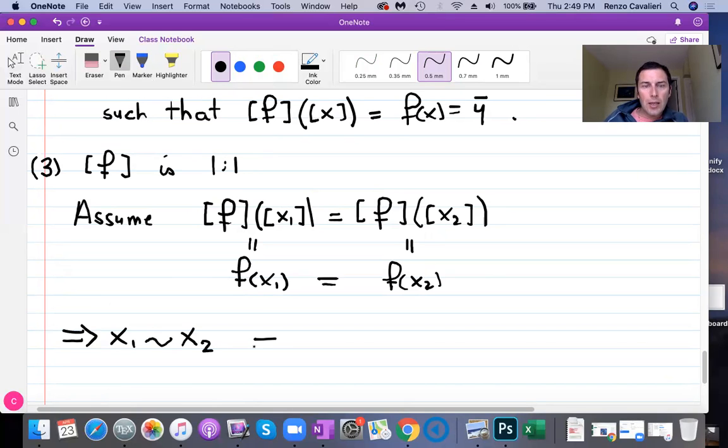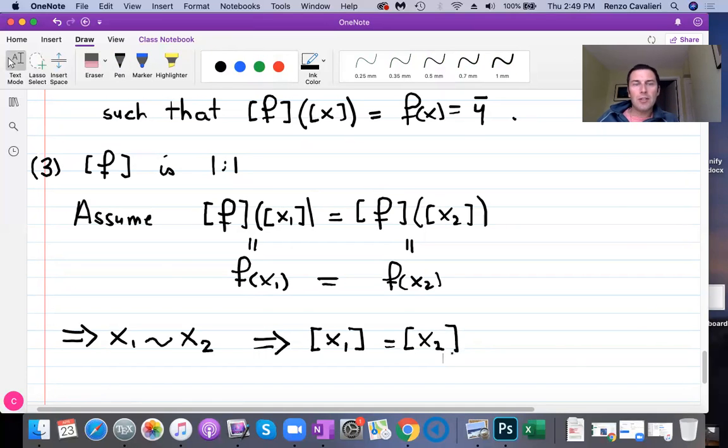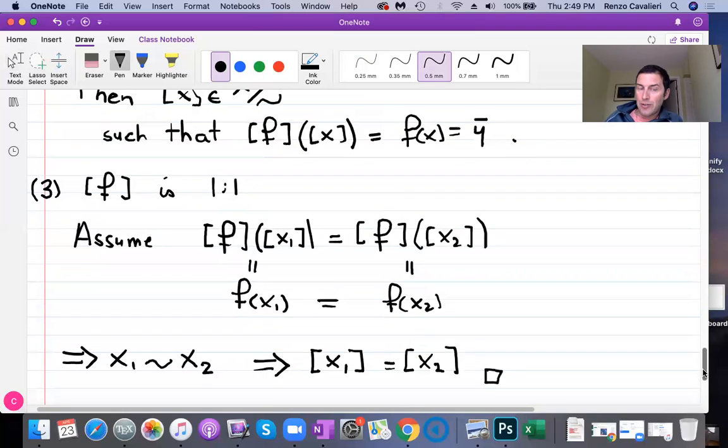But x1 equivalent to x2 means that the element of the quotient set square bracket of x1 is equal to the element square bracket of x2. And so we've showed that if square bracket f of square bracket of x1 is equal to square bracket f of square bracket of x2, then square bracket of x1 is equal to square bracket of x2, which is the definition of being 1-to-1. And so this concludes the proof that square bracket f is a bijection.